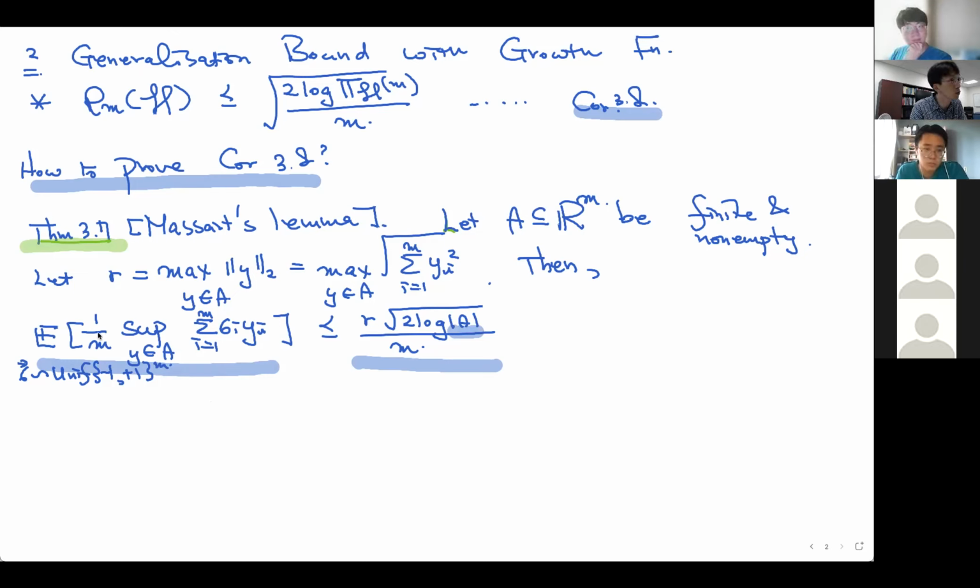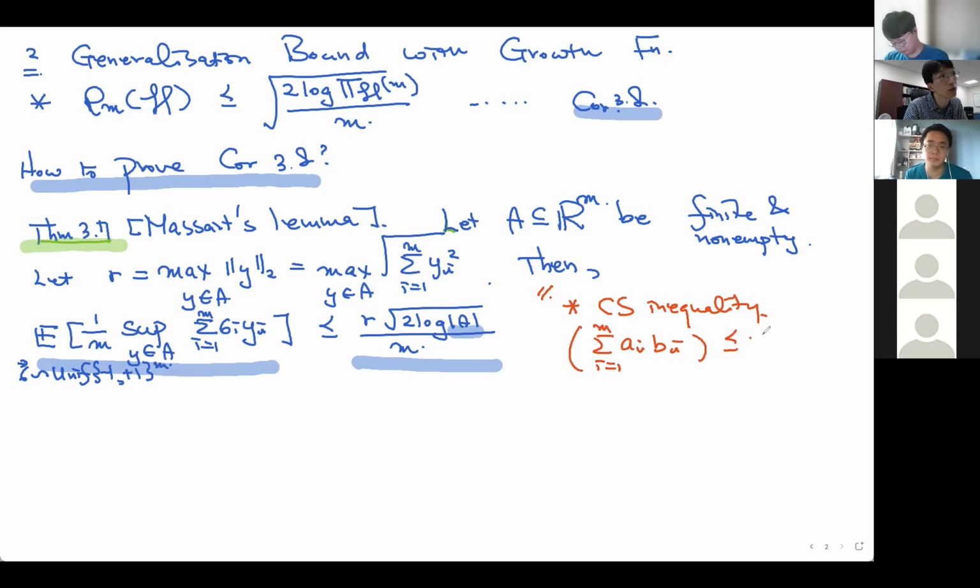If you are familiar with the Cauchy-Schwarz inequality, this is more like an analogy; if you are not familiar with it, don't worry. What the Cauchy-Schwarz inequality tells us is that if you have a complicated quantity that involves two things at the same time, the sum of ai bi for i from 1 to m, then that can be bounded by quantities that you can compute separately: the square root of the sum of ai squared times the square root of the sum of bi squared.